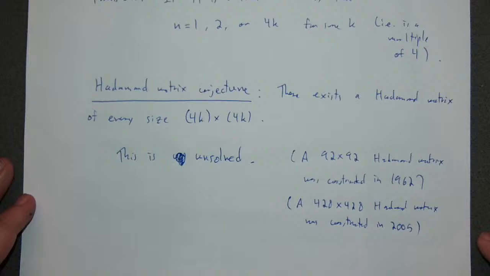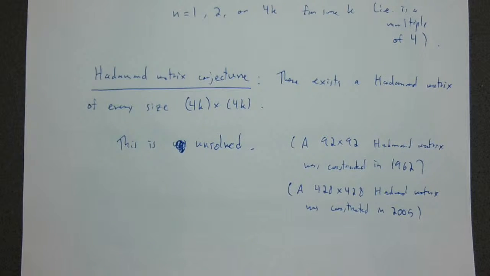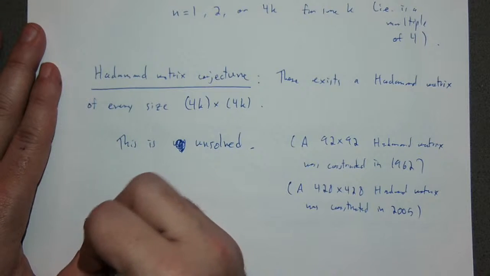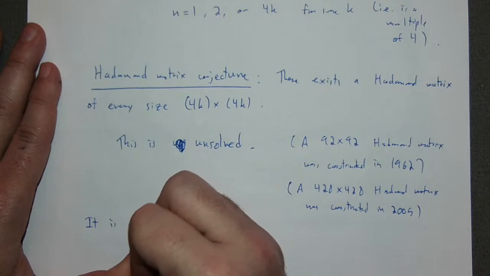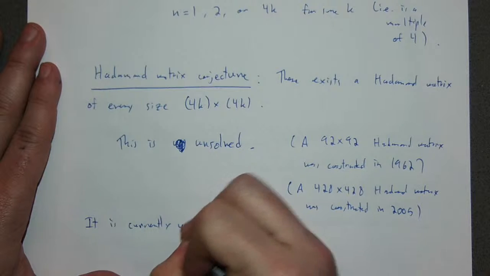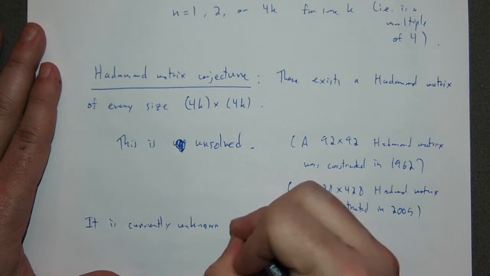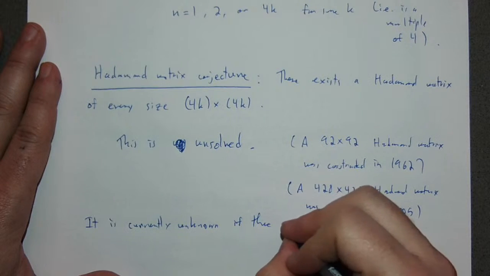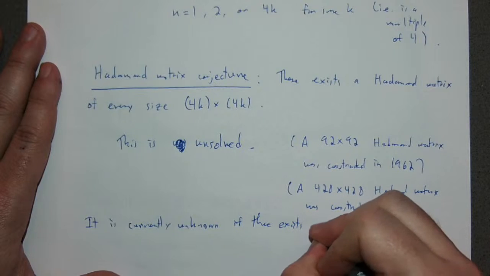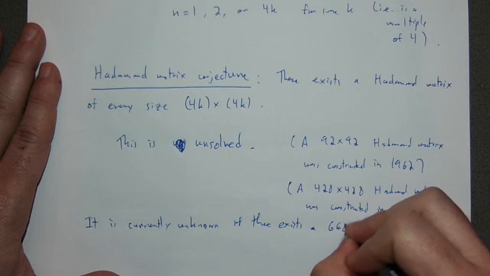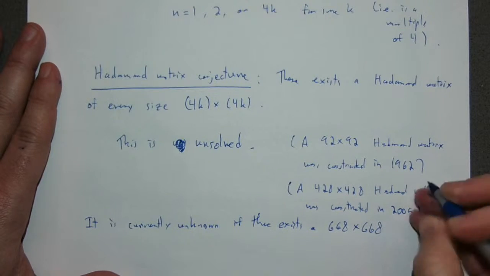Right now, the smallest Hadamard matrix for which there's no construction known is 668. So it is currently unknown if there exists a 668 by 668 Hadamard matrix.